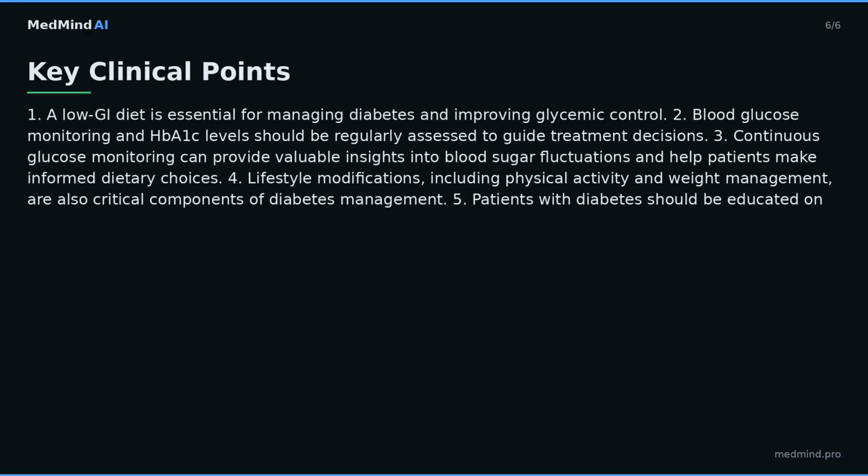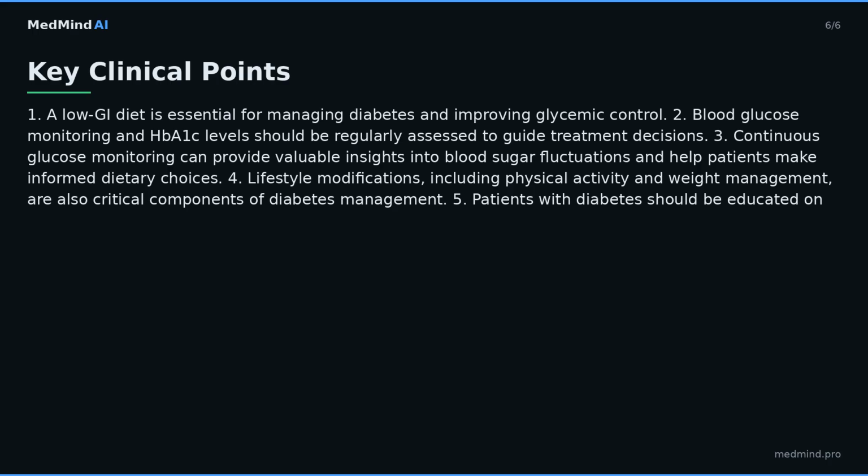Key clinical points. 1. A low GI diet is essential for managing diabetes and improving glycemic control. 2. Blood glucose monitoring and HbA1c levels should be regularly assessed to guide treatment decisions. 3. Continuous glucose monitoring can provide valuable insights into blood sugar fluctuations and help patients make informed dietary choices. 4.